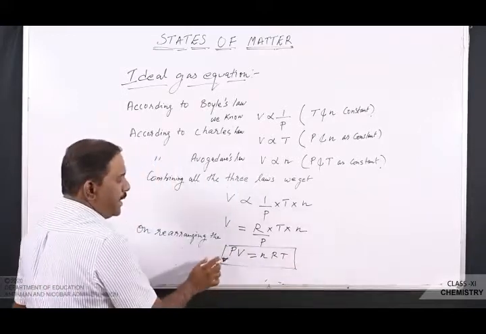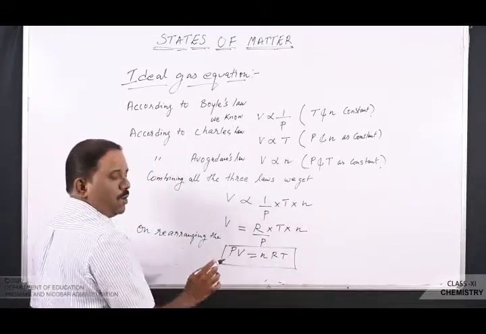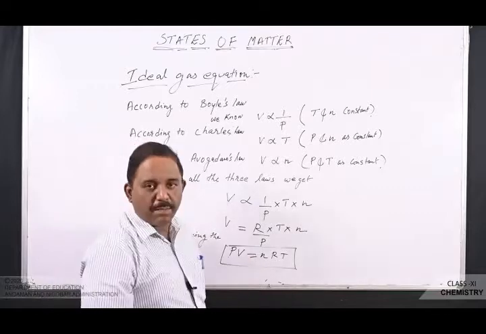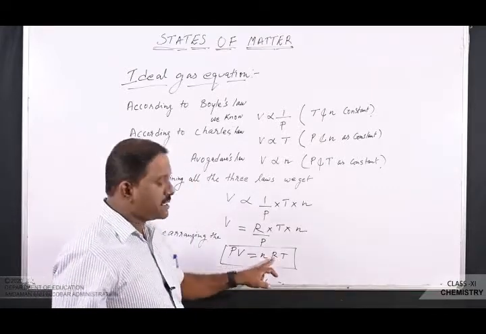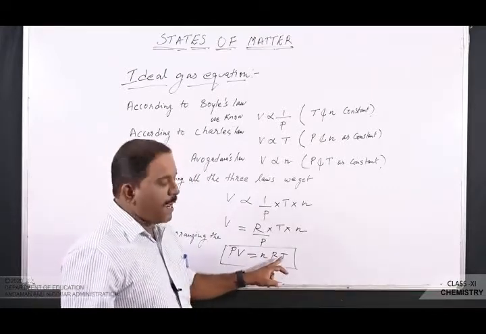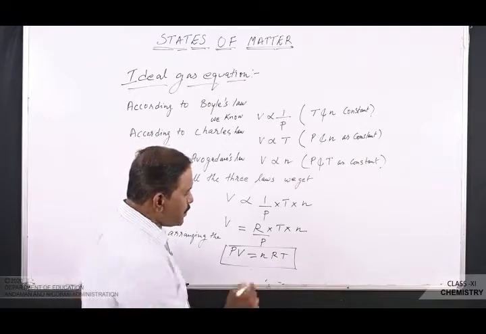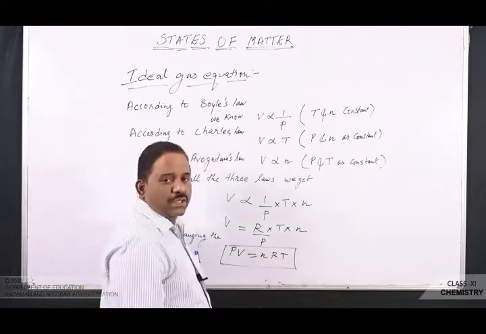Here P is pressure, V is volume, n is number of moles of gas, R is the proportionality constant, and T is temperature, and this proportionality constant is the gas constant.